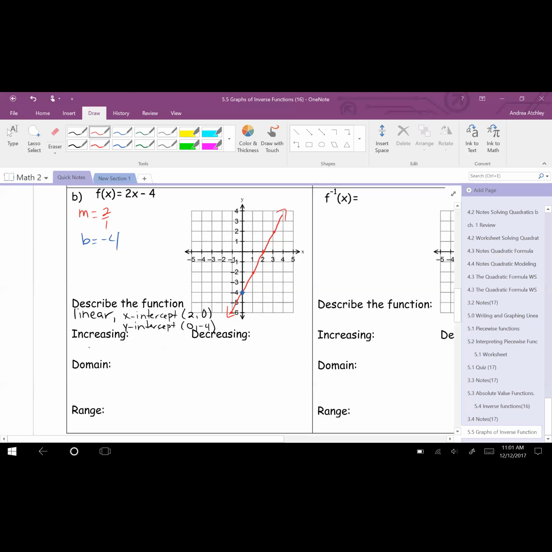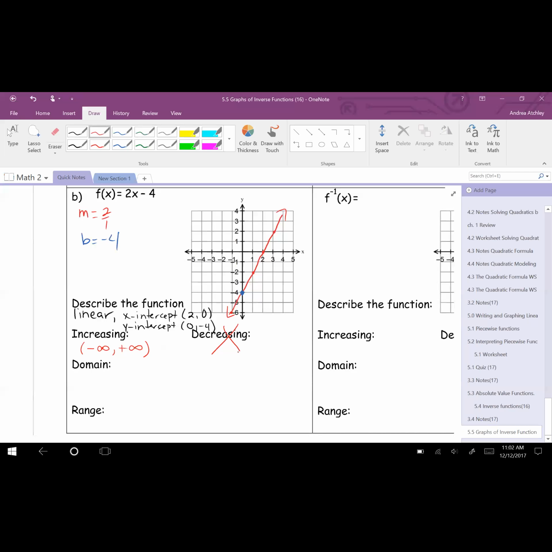So we say it's increasing from negative infinity to positive infinity because it's always increasing. It won't decrease. Okay, so that's all linear functions. They will either increase or decrease. They won't do both like a parabola.